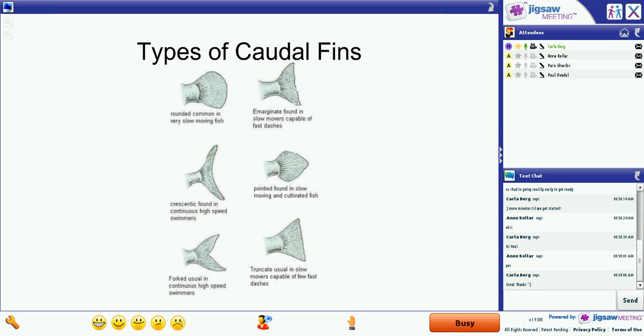All right, you guys got the correct answers. The answer could have been either rounded, which is very common in slow-moving fish, or pointed, which is found in slow-moving fish as well. Great job.